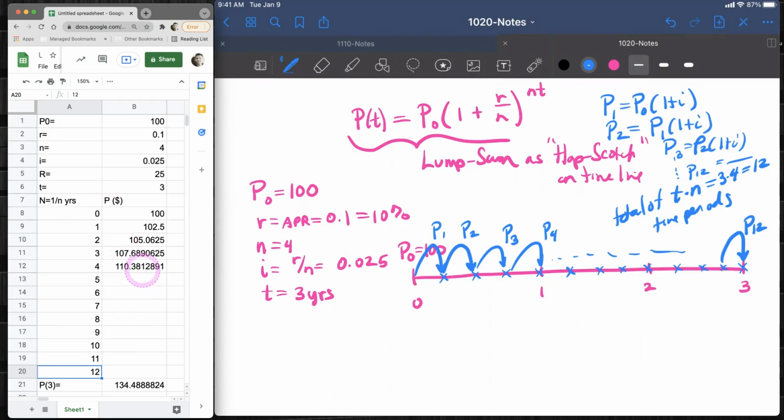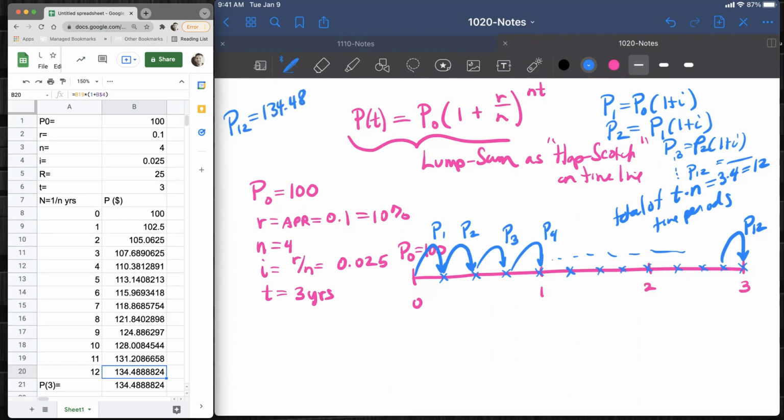So let's look at the value of this account if it grows according to this. You'll notice that after 12 time jumps, P12 is equal to $134.48.